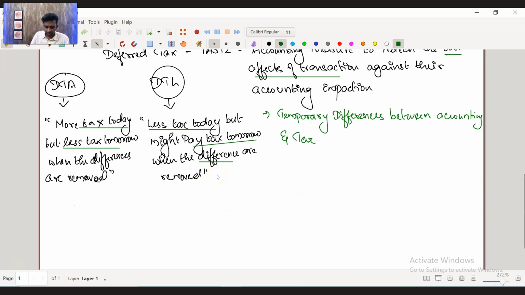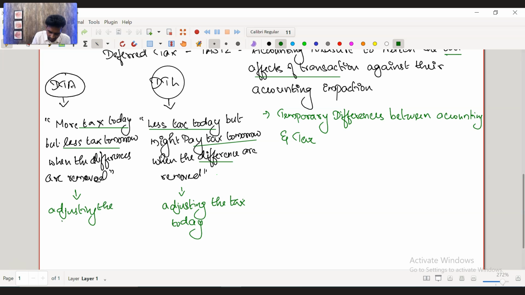Now when it comes to the deferred tax liability, we are anticipating that we will have a tax liability tomorrow, so we are adjusting the tax today. But when it comes to deferred tax asset, we might end up not paying more tax tomorrow, so we are creating an adjustment, adjusting the tax for today.